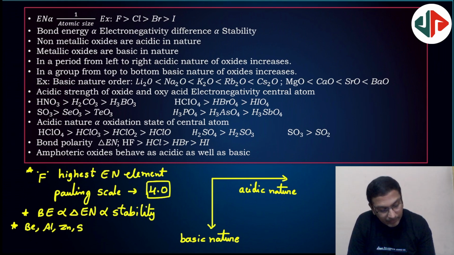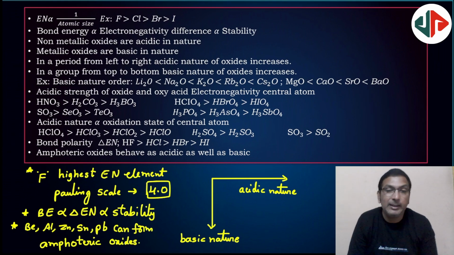Zinc, tin, lead can form amphoteric oxides. Important point. Oxides of beryllium, aluminium, zinc, tin, lead are amphoteric.